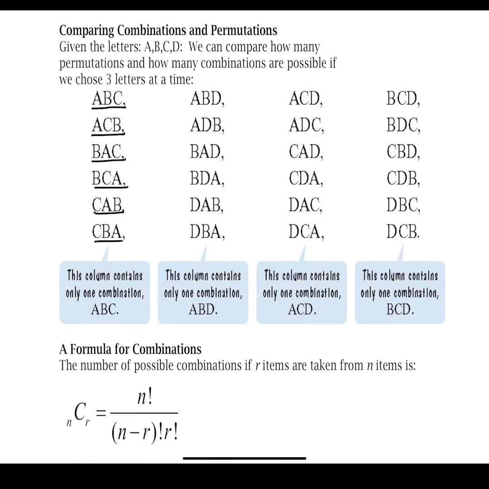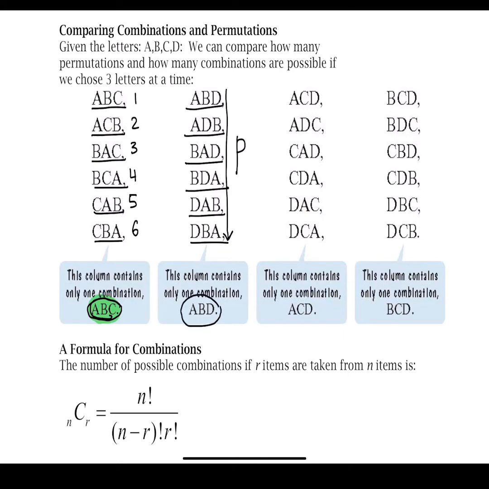All these are different orders: order 1, 2, 3, 4, 5, and 6. But what 3 letters am I using? I'm simply using ABC. That's a combination. Again, here I'm using ABD, ADB, BAD, BDA, DAB, DBA. These are all different arrangements, so these are my permutations. But the combination I'm using is the 3 letters ABD.